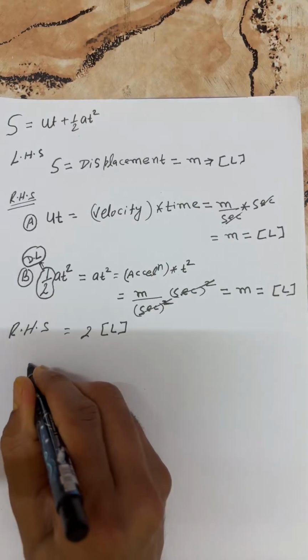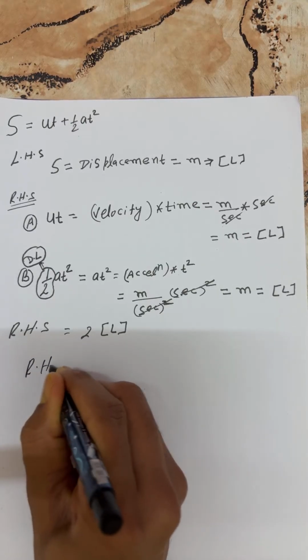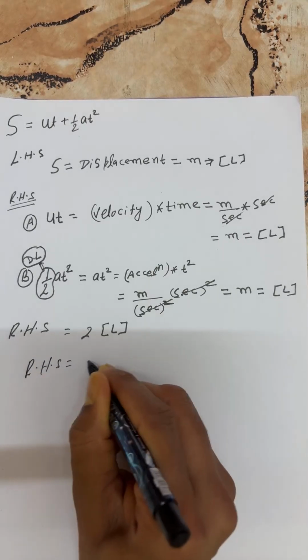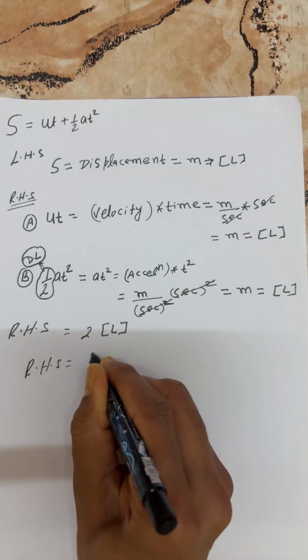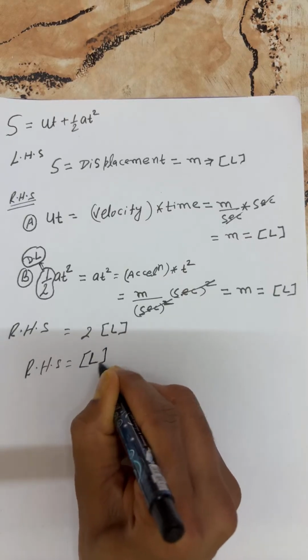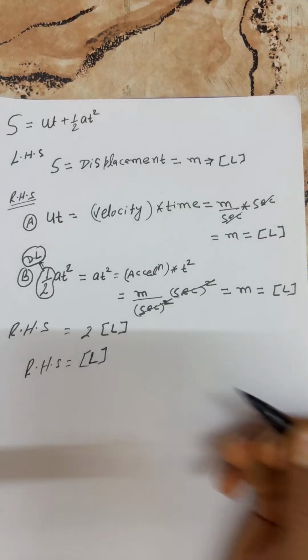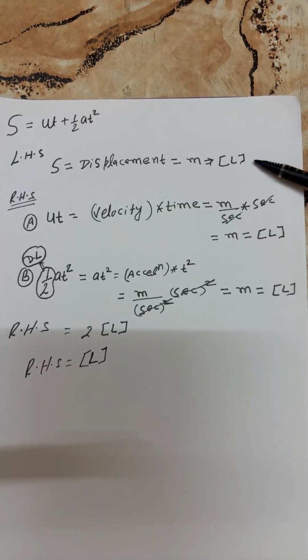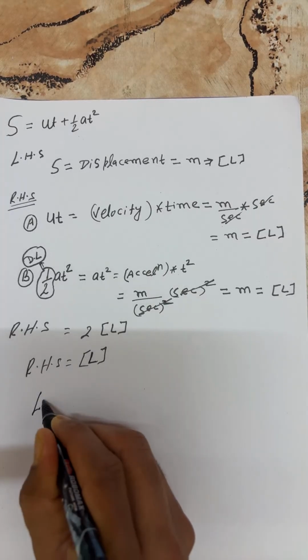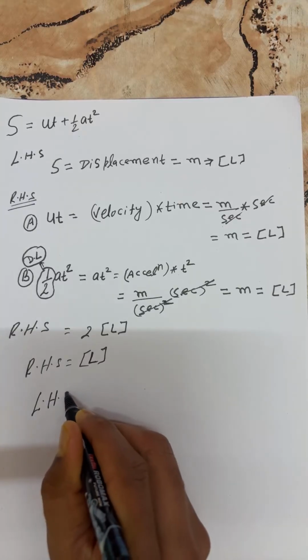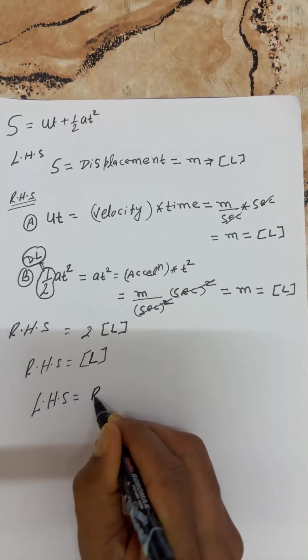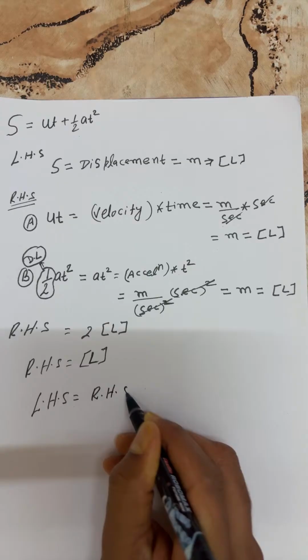So finally, for RHS it remains L only. But have a look: LHS is also L, RHS also L. So finally LHS equals RHS.